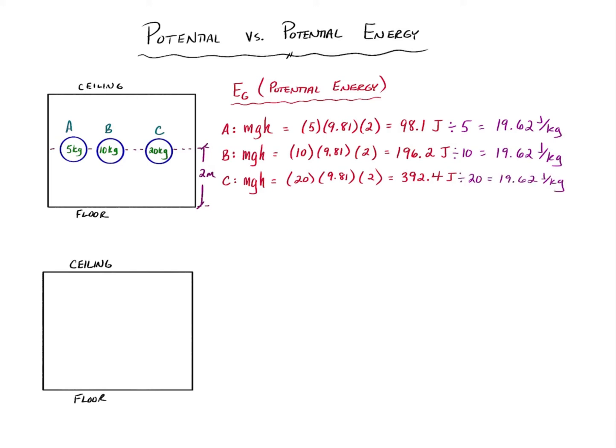And if I do the same with the last mass, instead dividing by its mass of 20, you'll find that once again, I get 19.62 joules per kilogram. So what we're finding is anywhere along this line that an object is placed, it seems to be getting 19.62 joules per kilogram that it possesses.